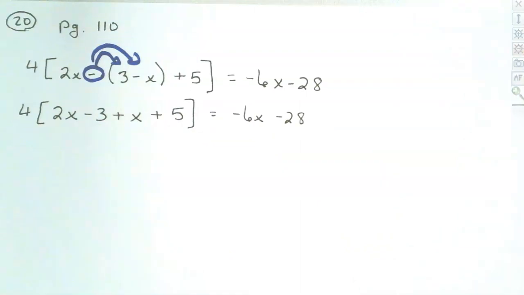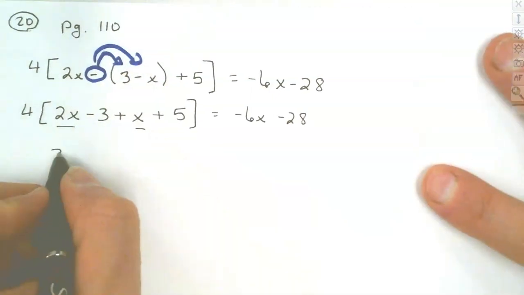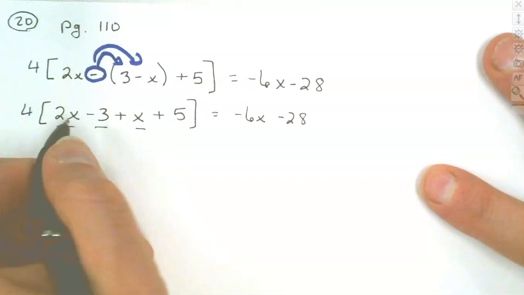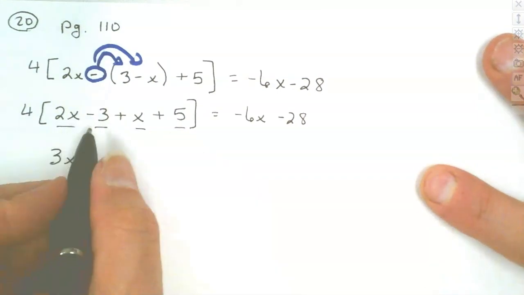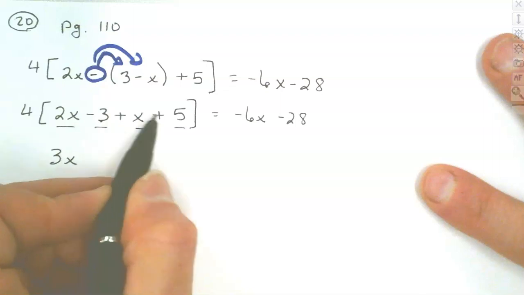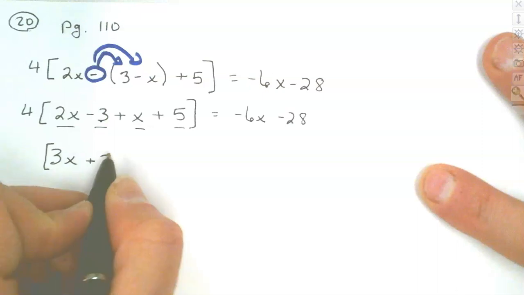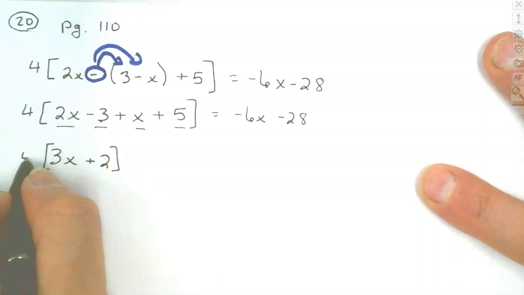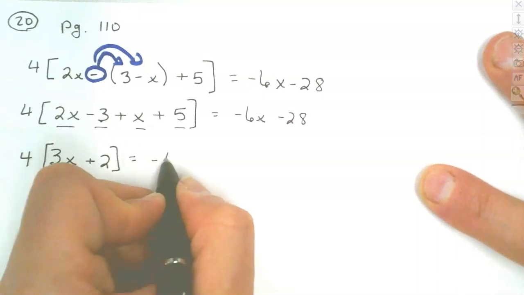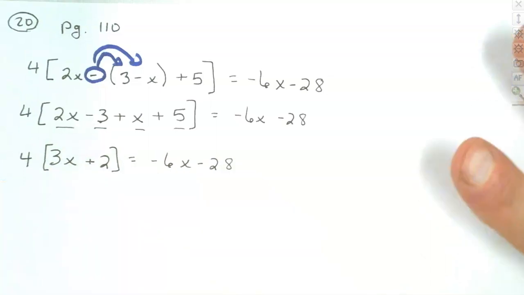Let's go ahead now and clean this up a bit. Inside the square bracket, these can go together, and that makes it then 3x. These can go together, and that makes that then, watch your signs, minus 3 plus 5. Well, that gives you a positive 2. Is everyone all right with that so far?